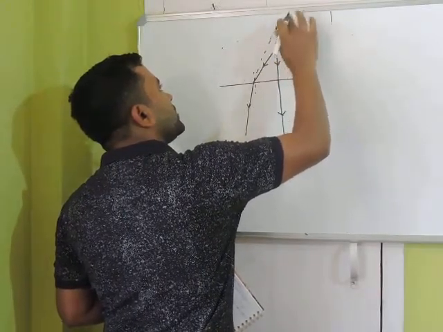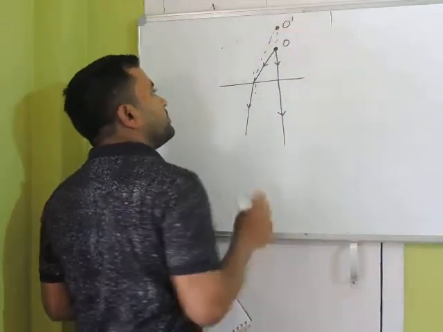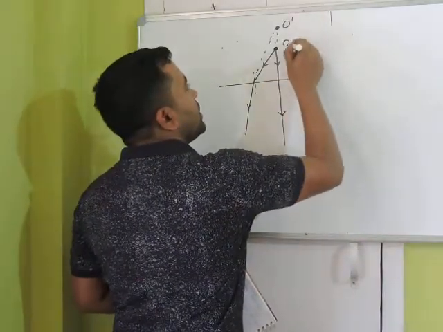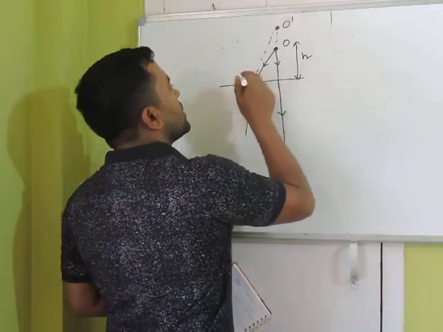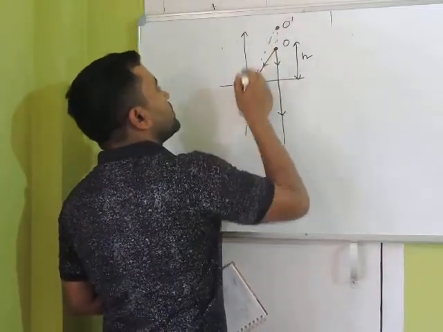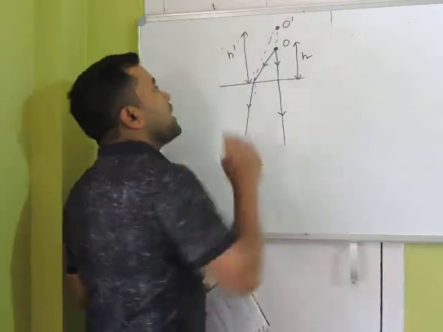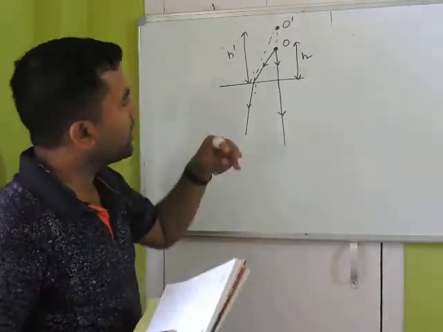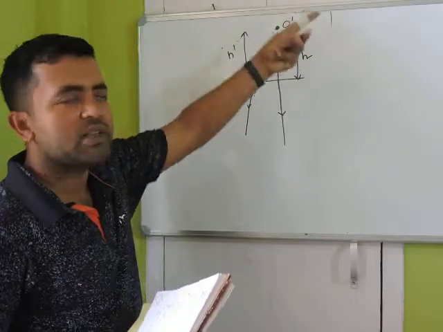I am writing O prime. Now this is the real depth, then this is the apparent depth. So it means that if you are inside the swimming pool and you are looking at something, it will appear to be raised up.